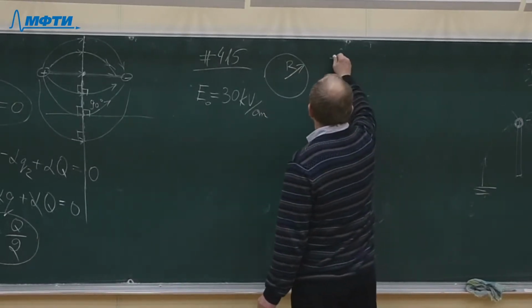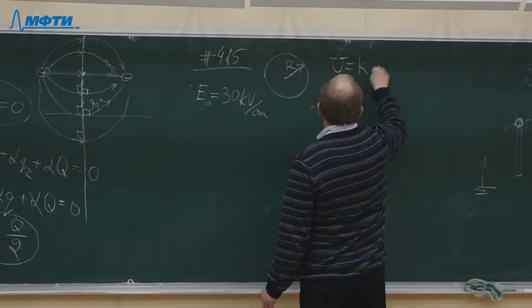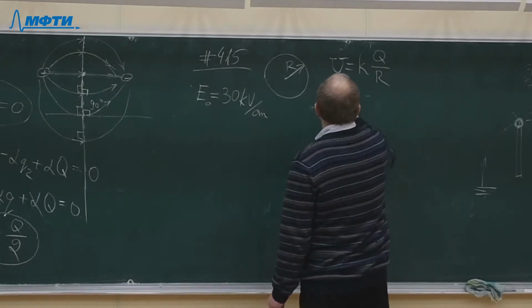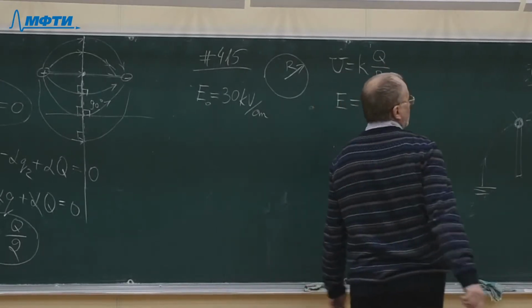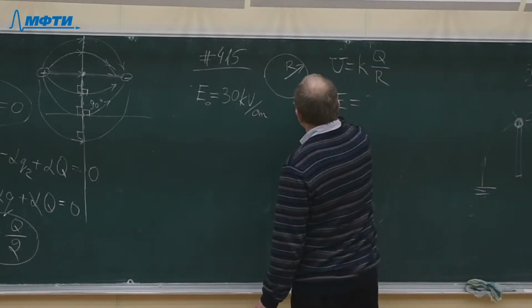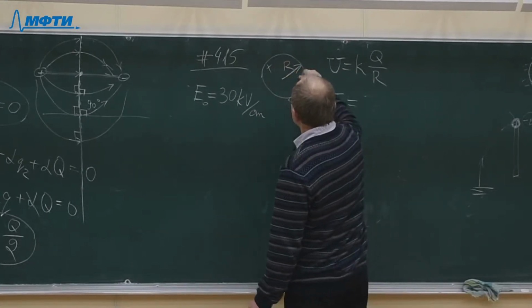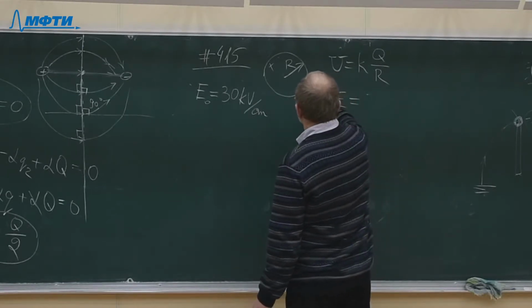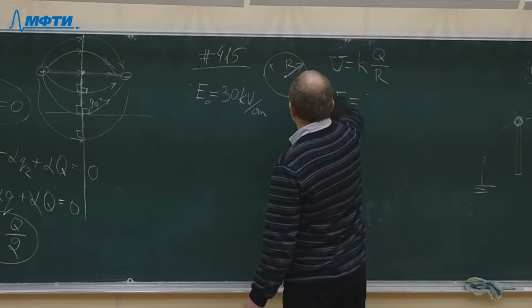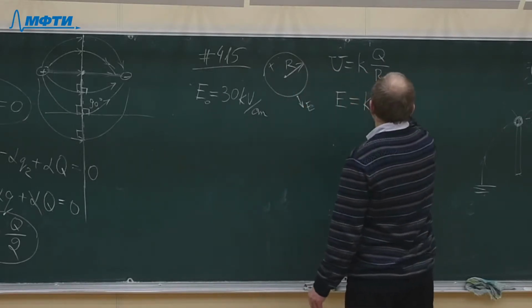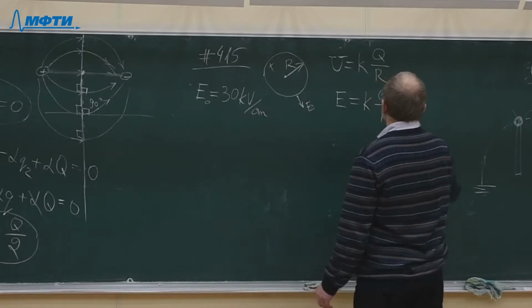The potential of a charged sphere is known to be Q over R, and the electric strength near the surface, if the sphere is charged positively, then the electric field strength will be directed away from the center of the sphere, and it will be given by the Coulomb law, which will give us Q over R squared.